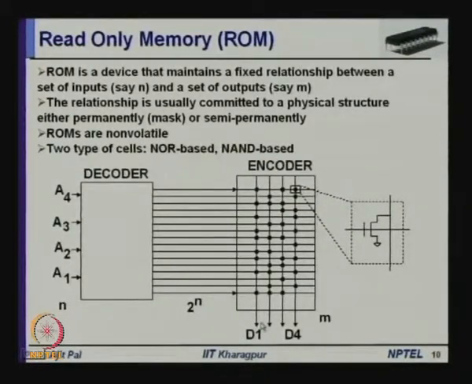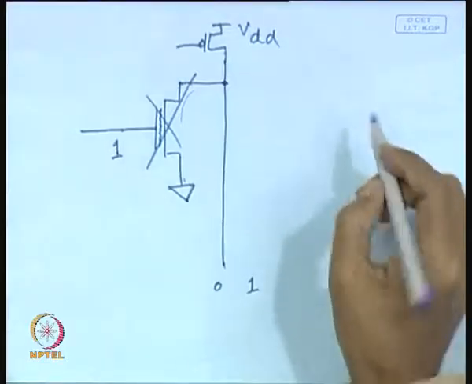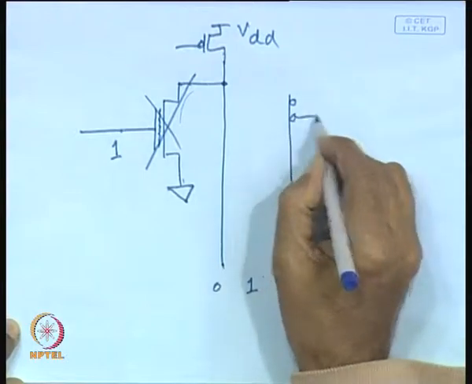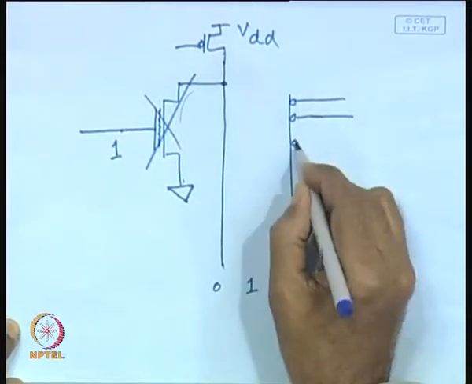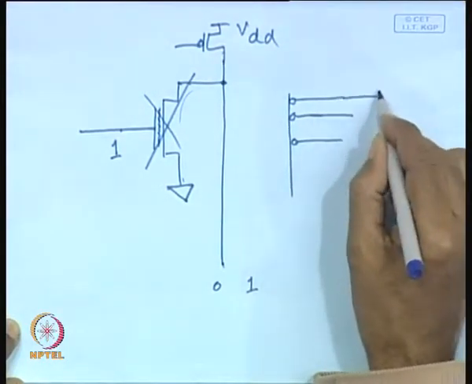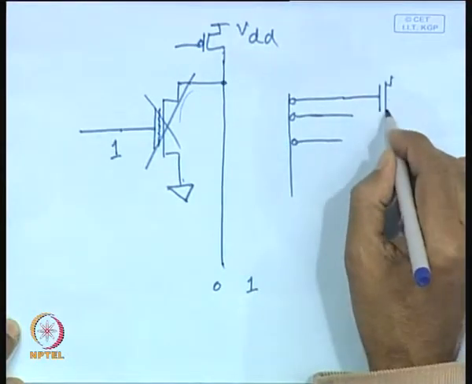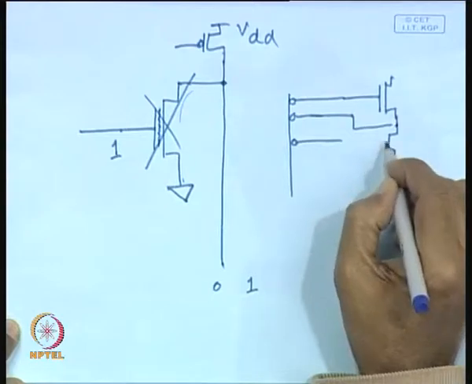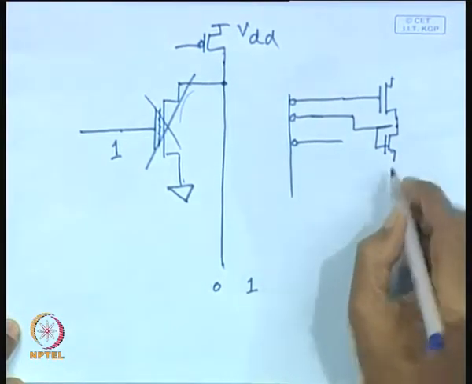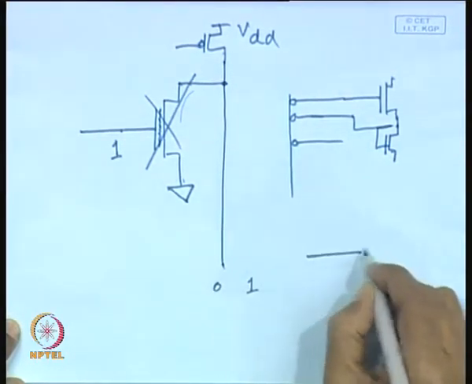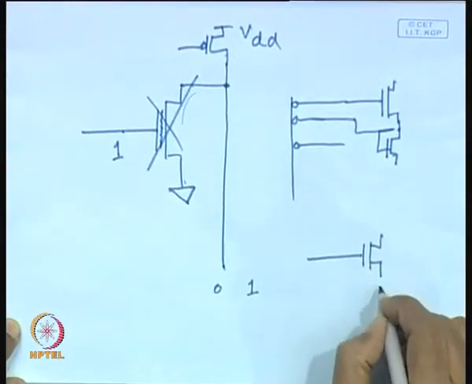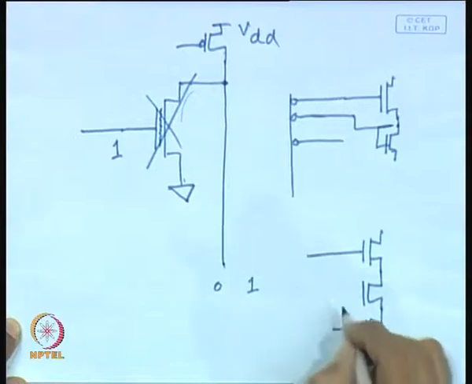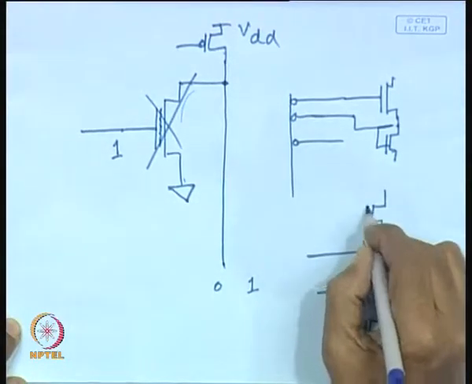encoder. You can have a NAND based encoder the other way. In that case, decoders will generate zeros, and in case of NAND based, the transistors will be in series. Let me draw this. Let us assume there are 4 lines.